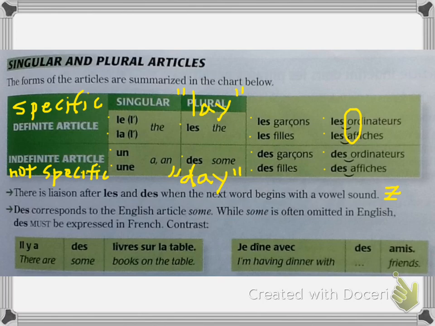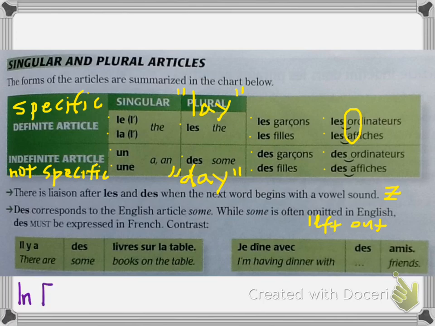And des corresponds to the English article some. While some is often omitted or left out in English, des must be expressed in French, contrast. So what we're talking about here is that in English, sometimes we leave the article the, a, an, or some out of our sentence, but in French, you always must have an article.